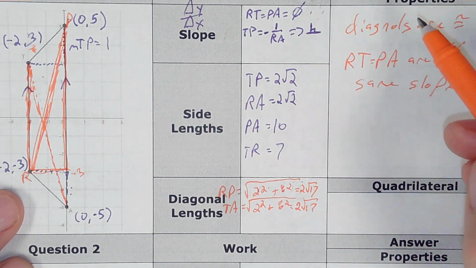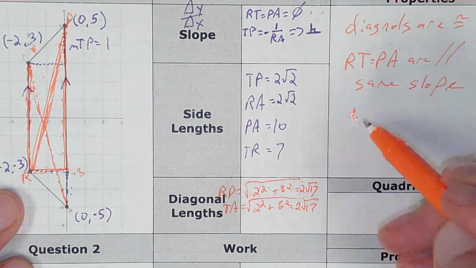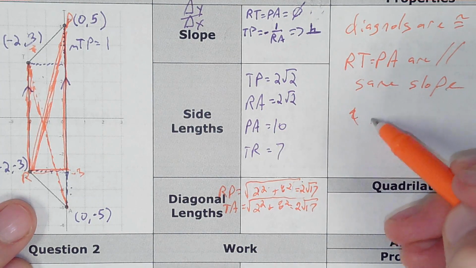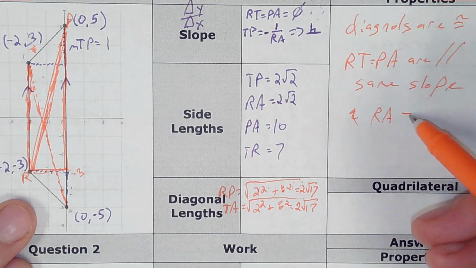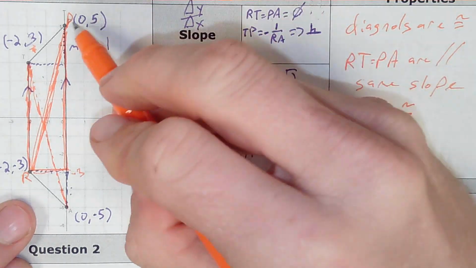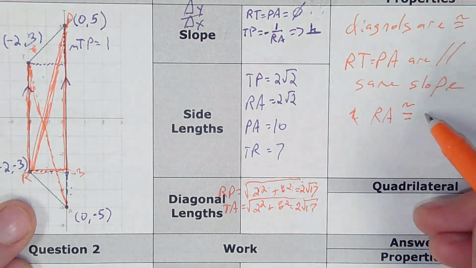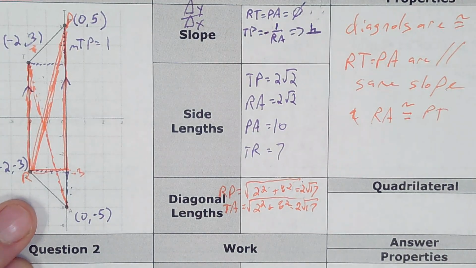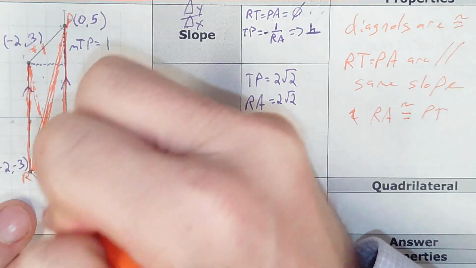So, and RA is congruent to PT, right? Those three things combined. So this is congruent to this.